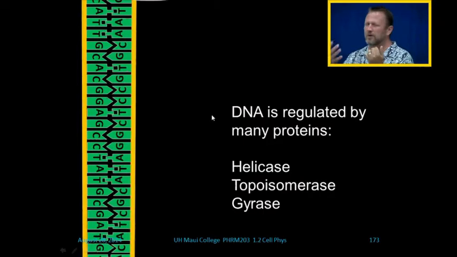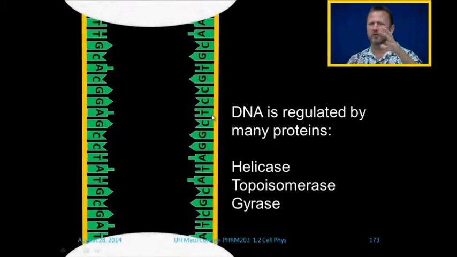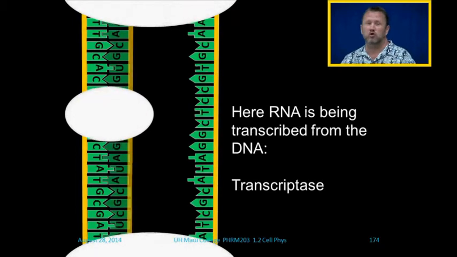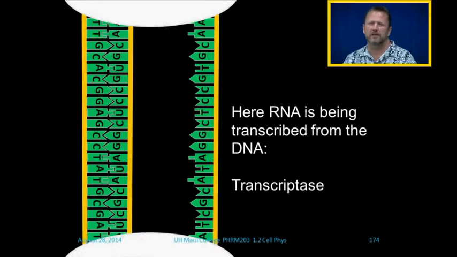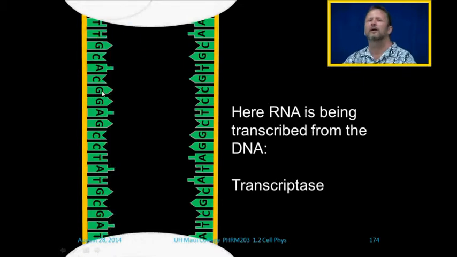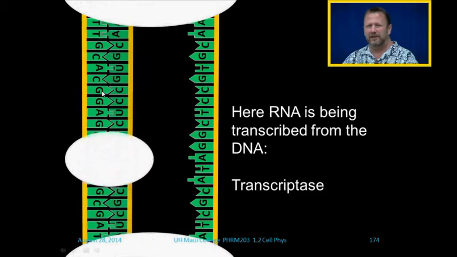Okay, so now we're going to read the DNA and do something with it. And so we have these regulatory proteins that unwind the DNA to get it ready for something. And here we're going to use a transcriptase to transcribe the DNA. And so this strand of DNA right here, we've unzipped it, and now we're going to make an RNA from it using a transcriptase.